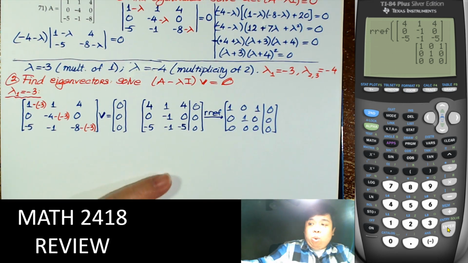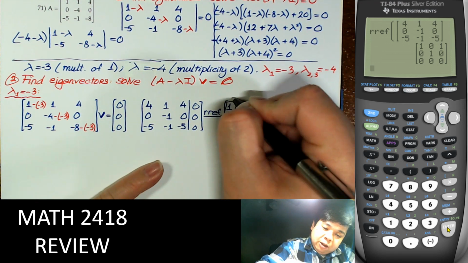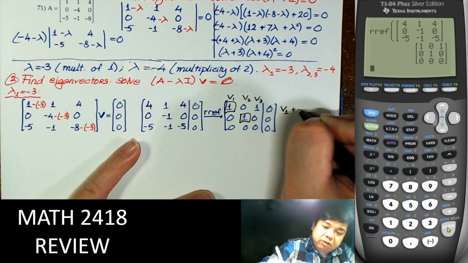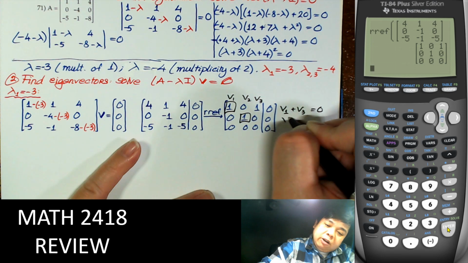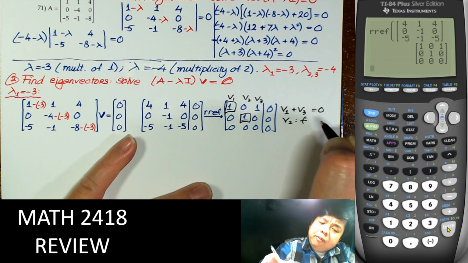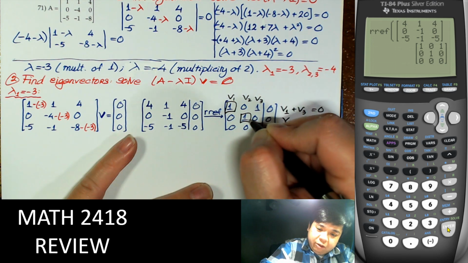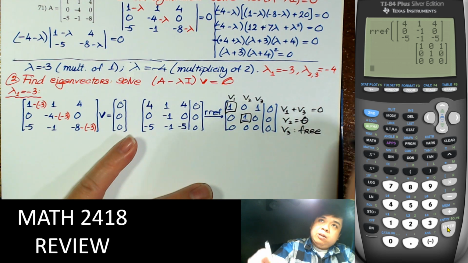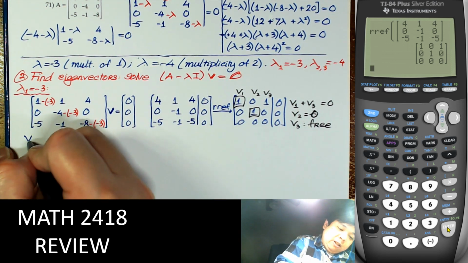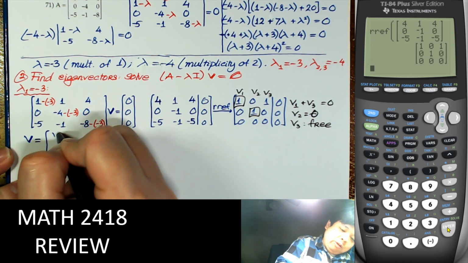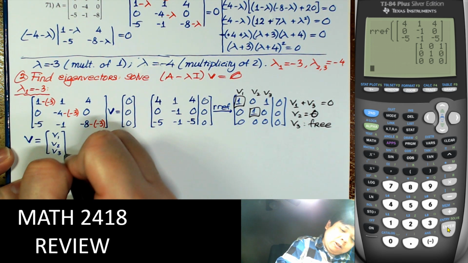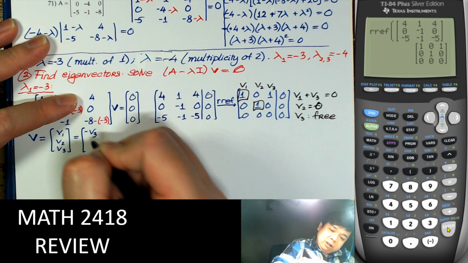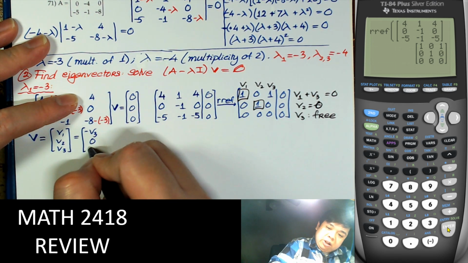So from here we have the pivot on v1 and v2. v3 will be free, and this equation v1 plus v3 is equal to 0. v2 is equal to 0, right? So with that we have v equal to v1, v2, v3. v1 will be negative v3, v2 is 0, and v3 is free.